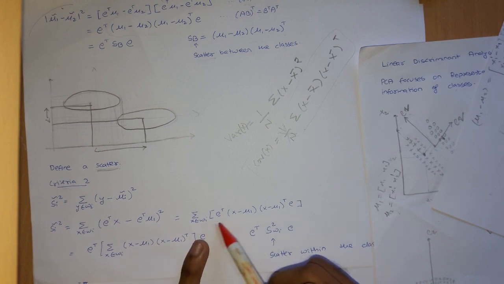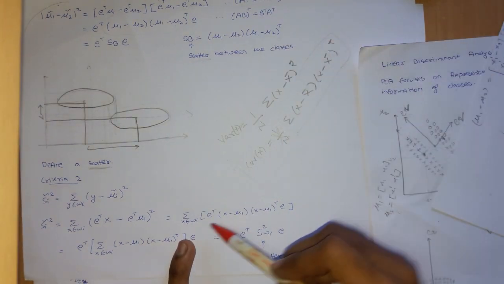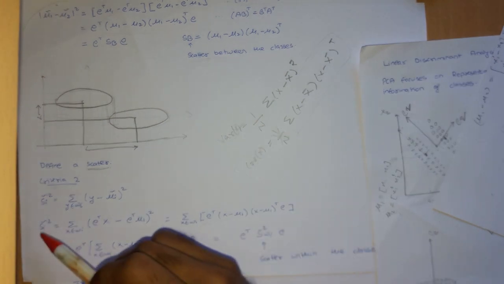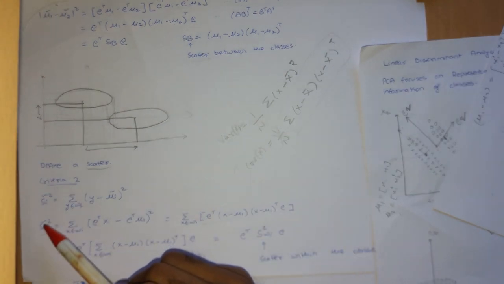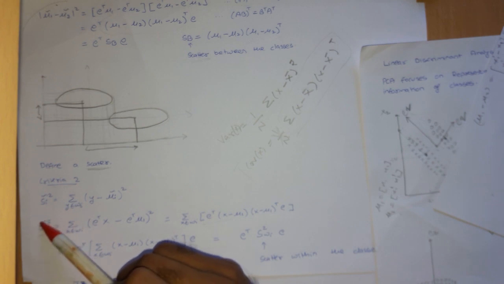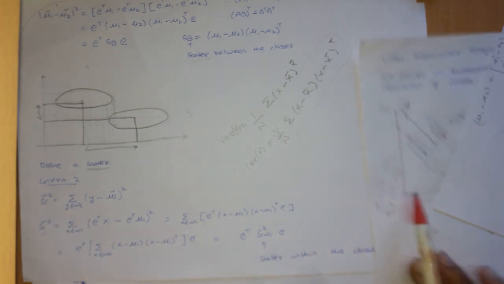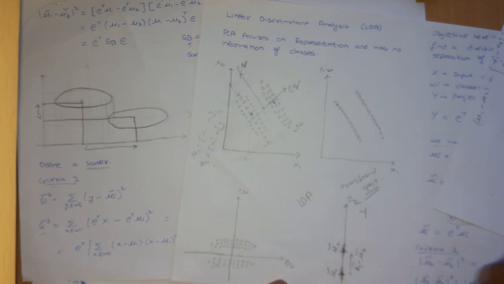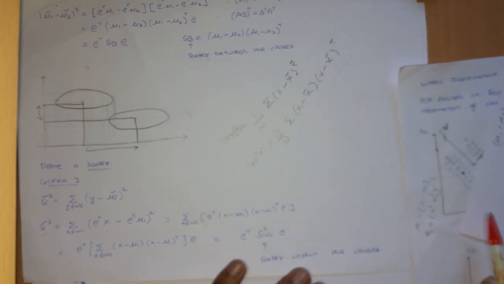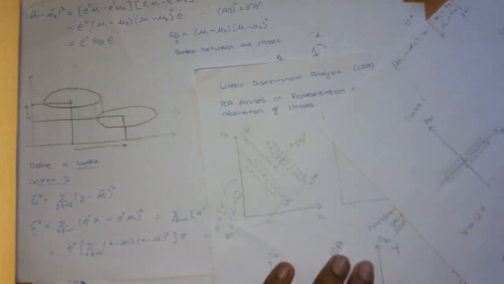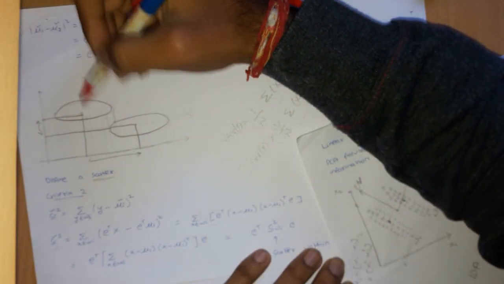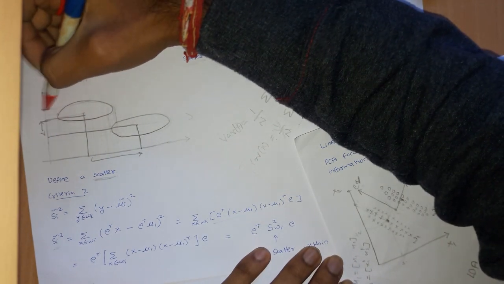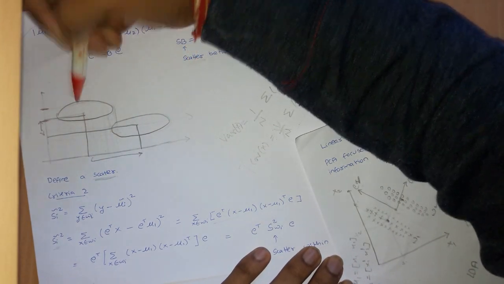So here you can see that this same quantity is over here, only because I am in my transformed space. So please take care of the notation. Wherever there is a tilde, we are in the transformed space. Because I want to minimize the variance in the transformed space, this will be the variance in the transformed space.